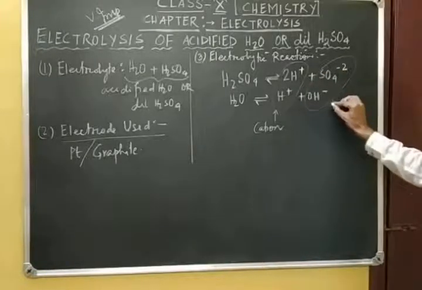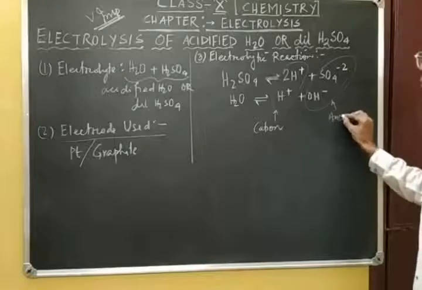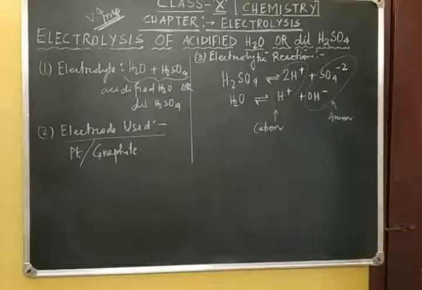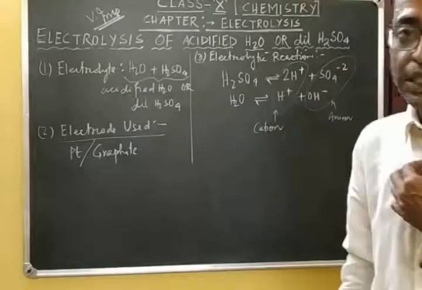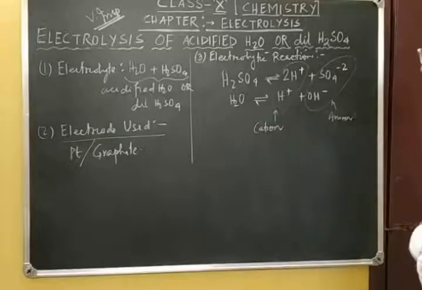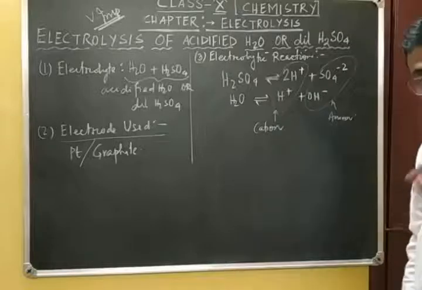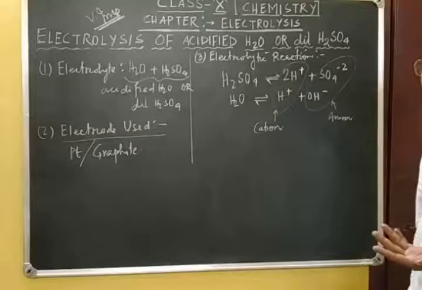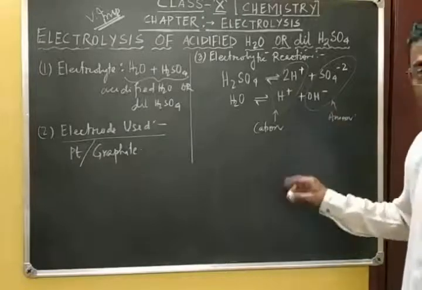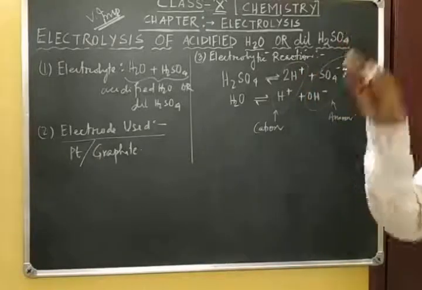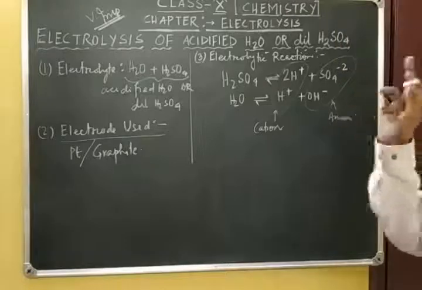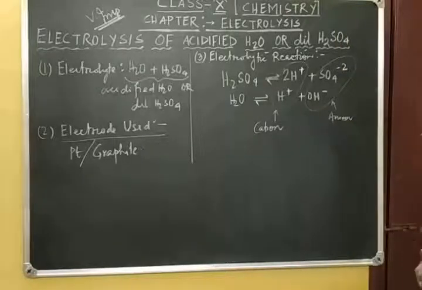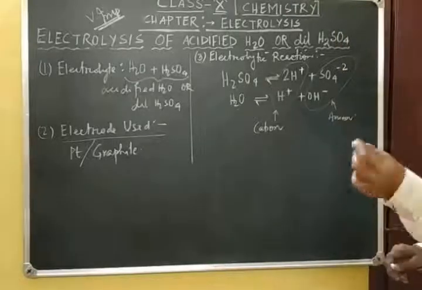So it is anion. Just now in preferential discharge or selective discharge of anion, what we have learned: if sulfate and OH are there in the same solution, which ion will be discharged first? OH ion, because OH ion is placed below sulfate in that activity series, what you have learned 1-2 videos earlier.